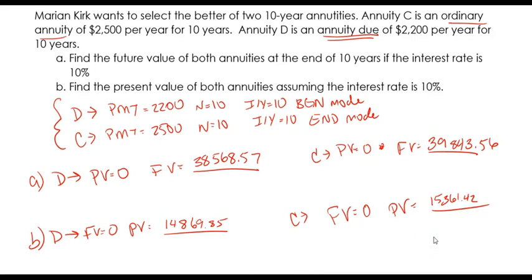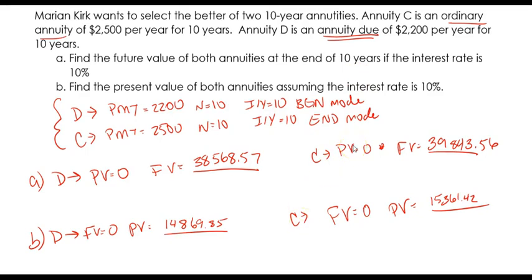If I wanted to word this in a question, I could say, how much would you have to pay today to purchase an annuity that paid $2,500 per year for 10 years? Or how much would you have to pay today to purchase an annuity due that paid $2,200 for 10 years? In that instance, we would want to solve for present value because we're wanting to know how much we would have to pay today.